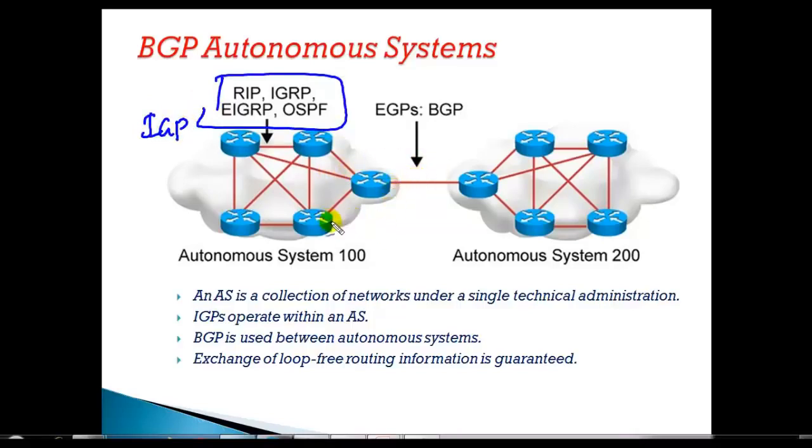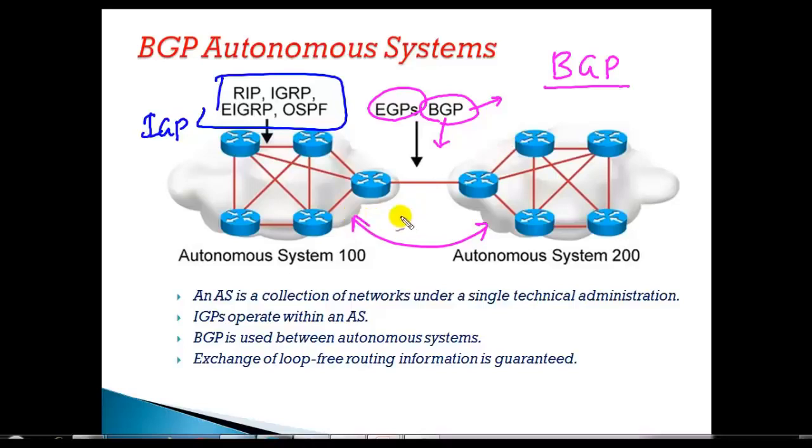But let's say if you want to communicate between two or more different autonomous system numbers, then we use an exterior gateway routing protocol, and the only protocol which is running on the internet, which allows you to exchange routes between two or more different autonomous system numbers, is the BGP protocol. So BGP is the only protocol which is running in the internet backbone and which is majorly responsible for maintaining the routes or exchanging the routes between two or more different autonomous systems.